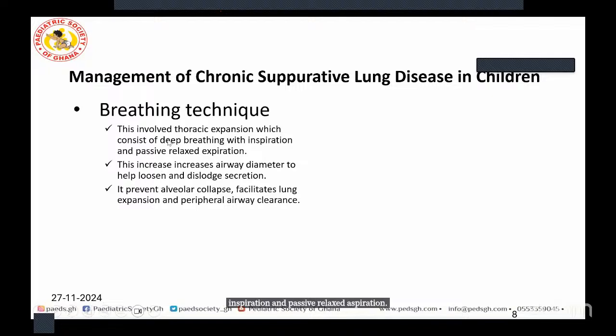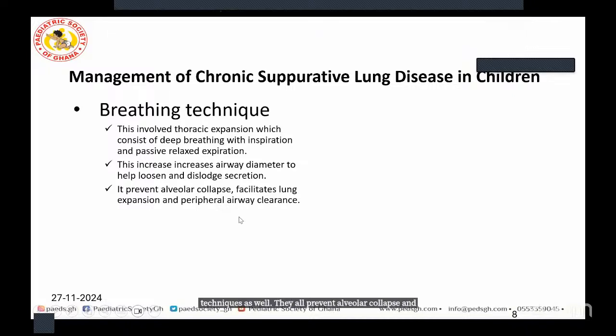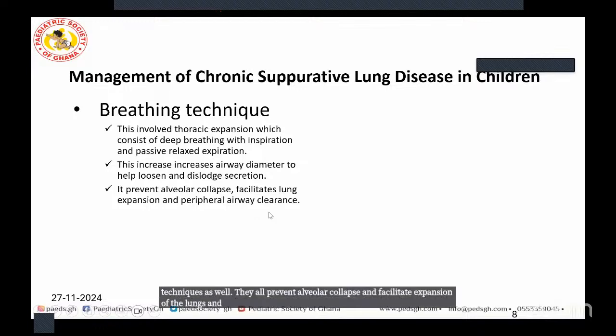When you do that, you increase the airway diameter, and that loosens and dislodges any secretions. So this technique, together with other techniques as well, they all prevent alveolar collapse and facilitate expansion of the lungs and peripheral airway clearance.